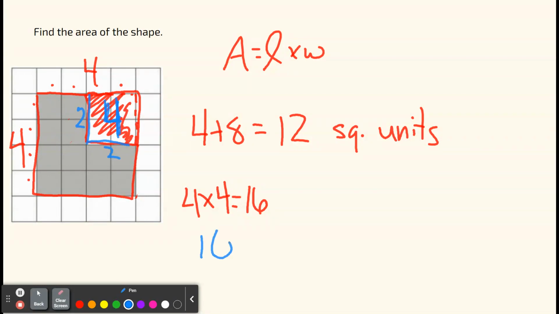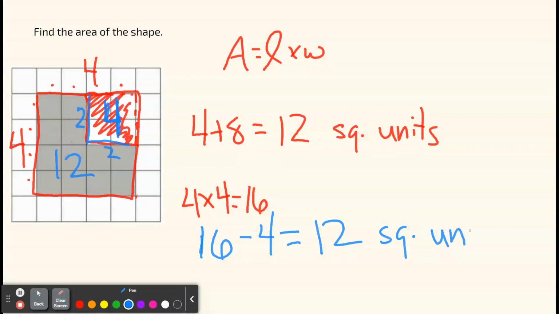So I have 16 is how much I calculated, but I need to take away 4 of those units to find the area of my shaded shape, which 16 minus 4 is going to be 12. So the area of this shape is going to be 12 square units. So these are 2 ways that we can use our math formulas to find the area of the shape.